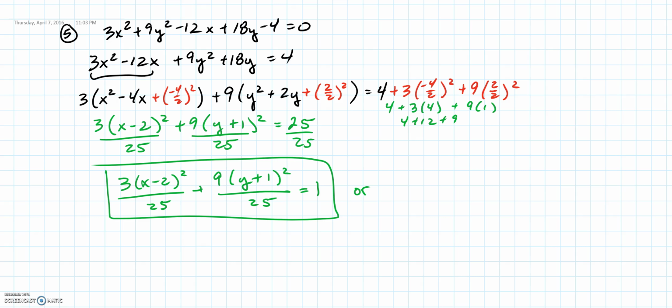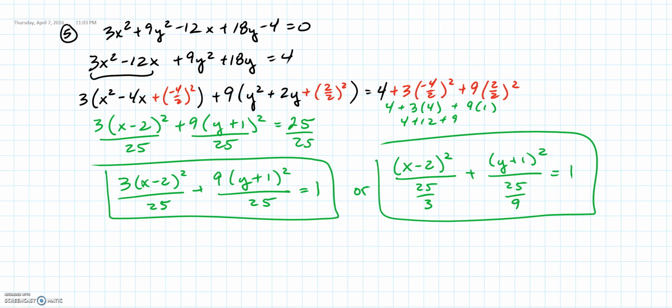Remember, we can divide by those. They can go back to the bottom. I think we did an example like that in class where it was actually at the bottom, we had to move it up to the top. You get (x minus 2) squared over 25 thirds plus (y plus 1) squared over 25 ninths. That's equal to 1. Either one of those would be acceptable as far as I'm concerned.